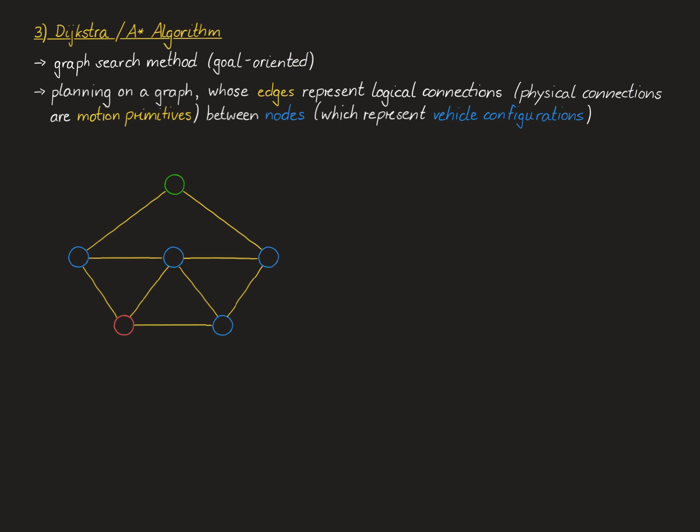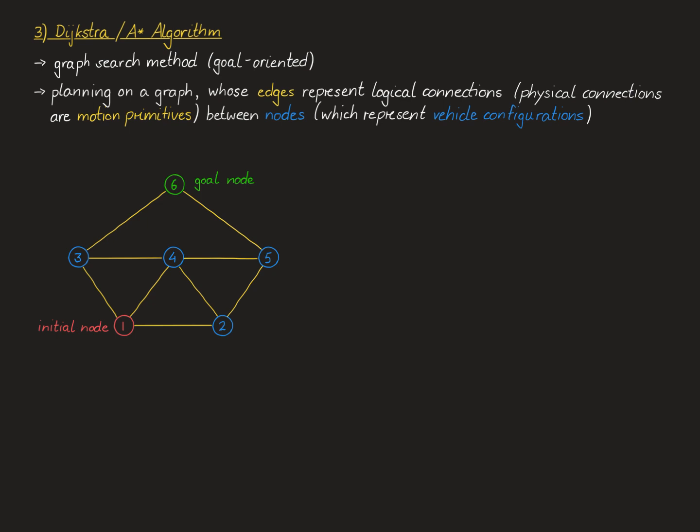Of course, this deterministic graph has to contain an initial node and a goal node corresponding to the starting configuration and the goal configuration of the vehicle. For convenience, we assume that the nodes of the graph are numbered. In the case of our little example graph here, we have 6 nodes, so each node receives a unique number from 1 to 6.